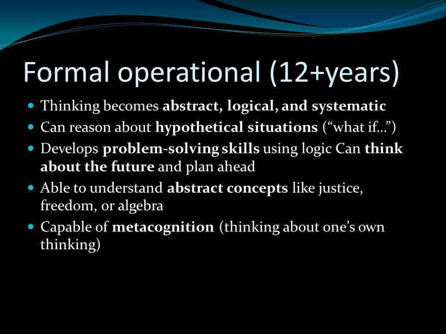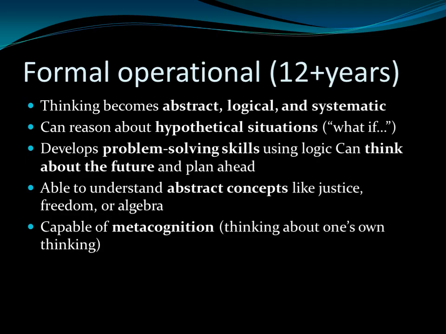In the formal operational stage, adolescents and adults can think abstractly, reason logically, and solve complex problems. They can imagine possibilities, like they can plan for the future and think about ideas beyond what they can see.